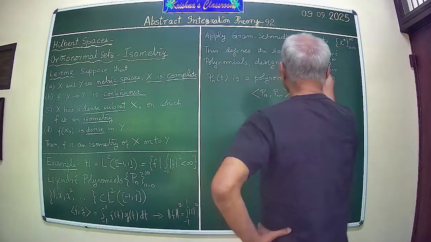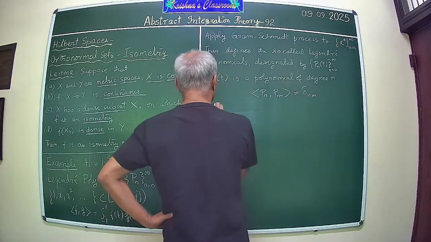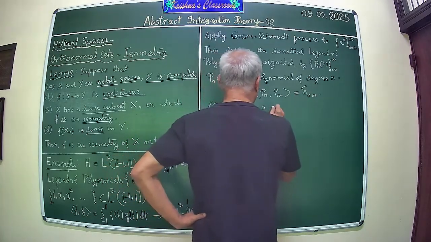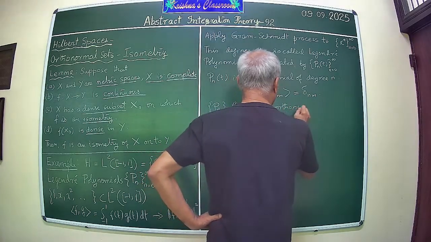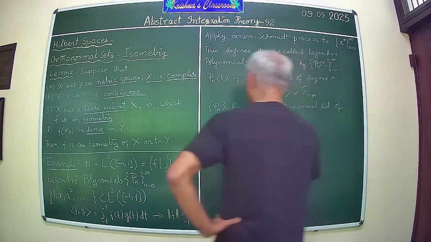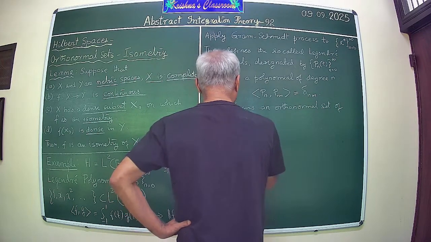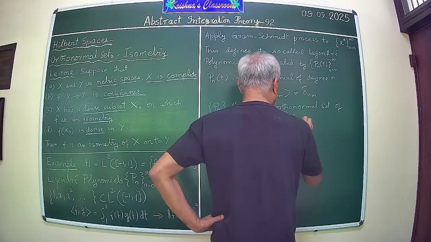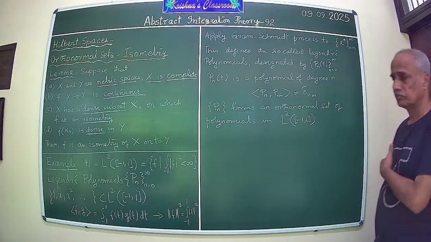That means this forms an orthonormal set of polynomials on the interval minus 1 to 1.